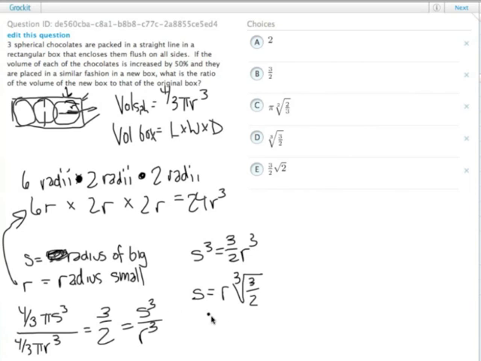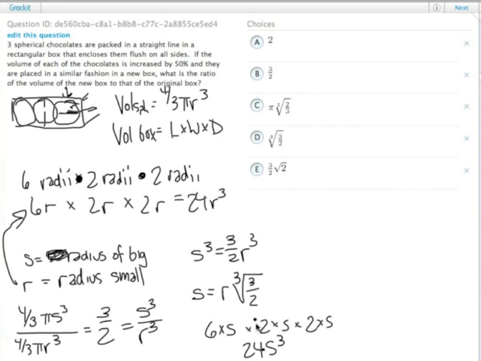We don't have to figure that out though, because what's going to happen is that new box is going to be 6 times s, again because there's 6 radiuses with 3 spheres in a row, times 2 times s for one of the other dimensions of the bigger box, times 2 times s for the final dimension of the bigger box. So this is going to equal 24s cubed.